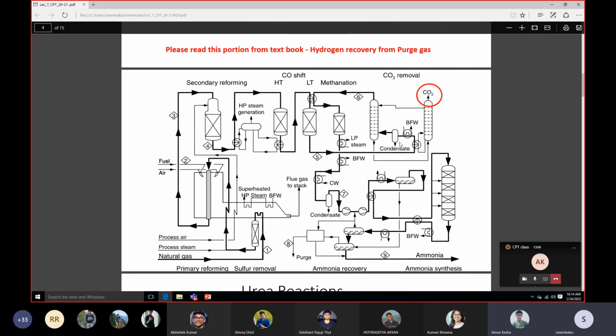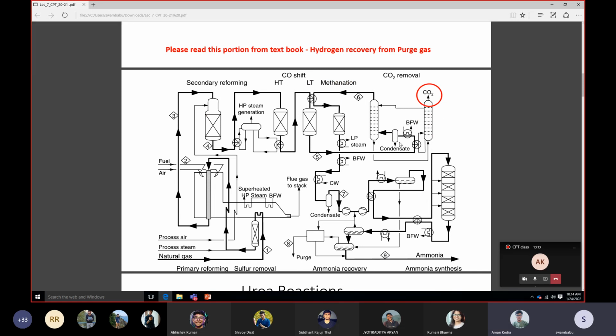So this is the overall process, from natural gas reforming to the final ammonia production, that this flow sheet contains. Natural gas, you can see the bottommost stream, is stream number 1. First, desulfurization takes place.